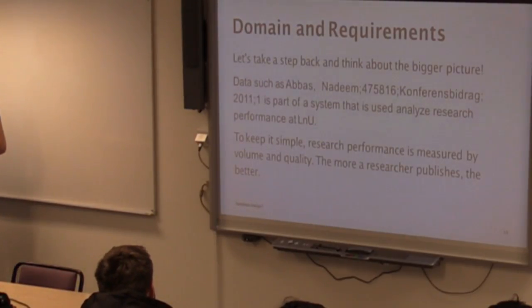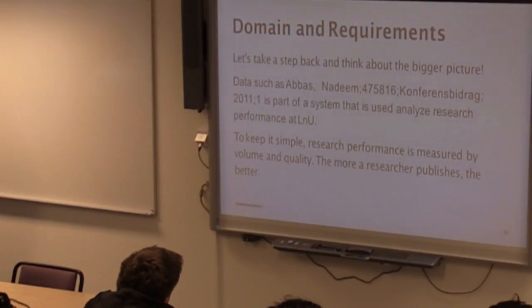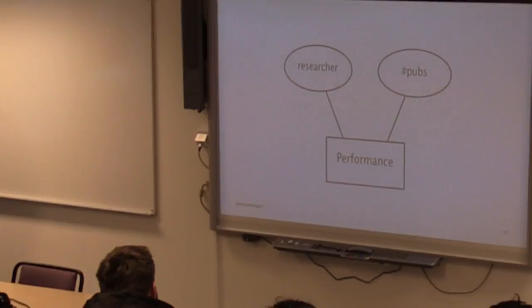That might be a difficult task. So if you go with that your papers or whatever you upload is going by volume and quality, then it means that the more you are publishing, the better it is. So, okay, we are talking really about performance here.